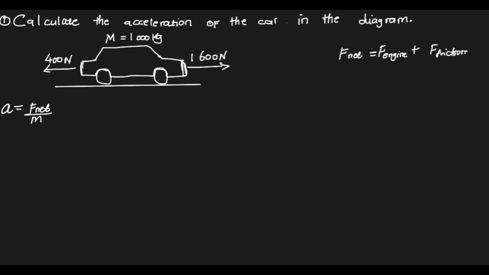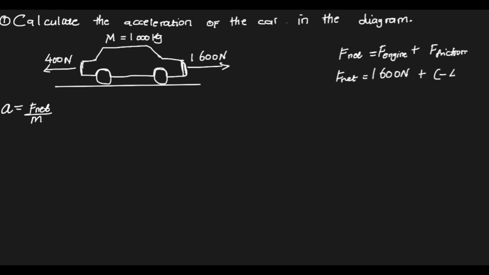Now, don't worry about the sign, the positive sign, the adding. We need to know that the friction force always opposes the movement of an object. So therefore, the friction force will have a negative value. So the engine force in our case is 1600 newtons, then plus the friction force.